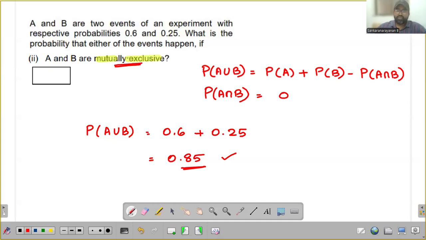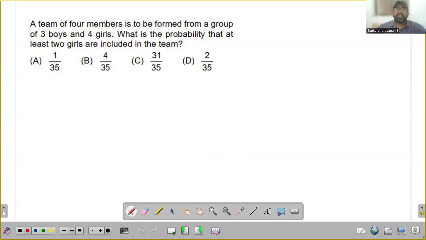So that brings conclusion to this question. Let us now go ahead with the next question. Take a look at this question. It is given that a team of 4 members is to be formed from a group of 3 boys and 4 girls.